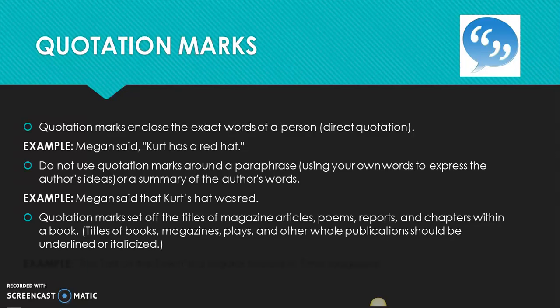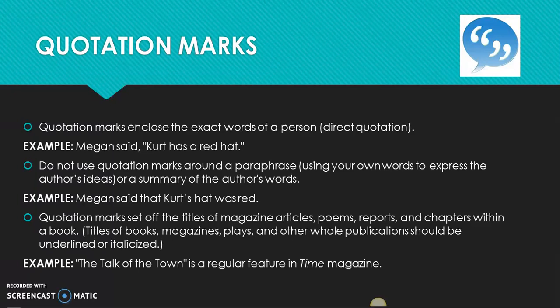Quotation marks set off the titles of magazine articles, poems, reports, and chapters within a book. Titles of books, magazines, plays, and other whole publications should be underlined or italicized. Example: "The Talk of the Town" is a regular feature in Time magazine.